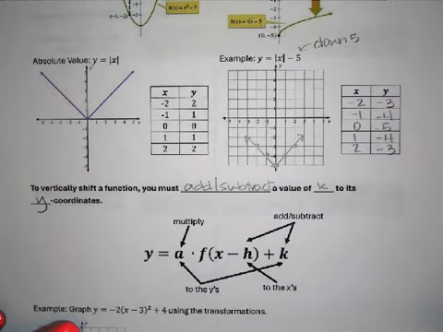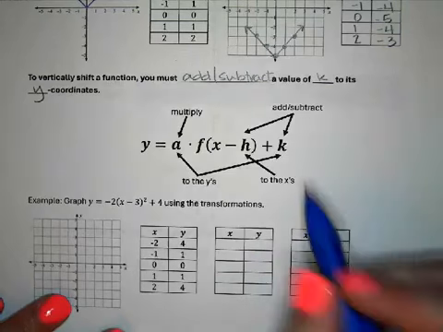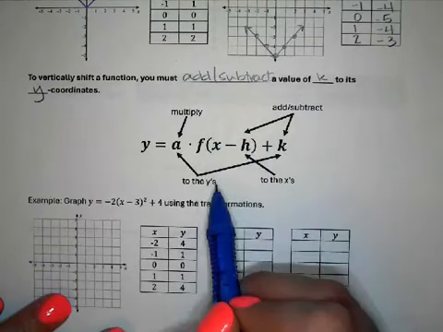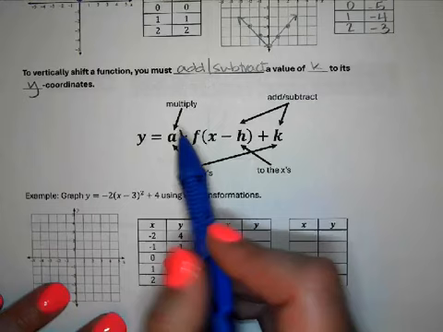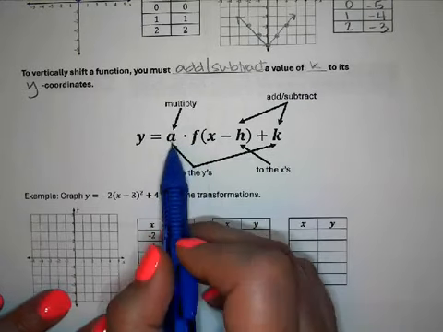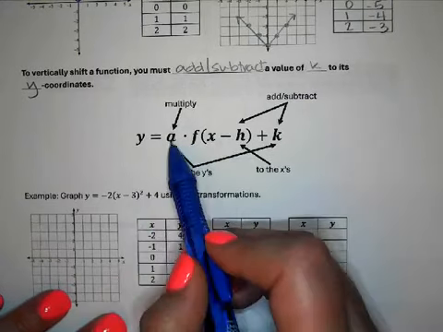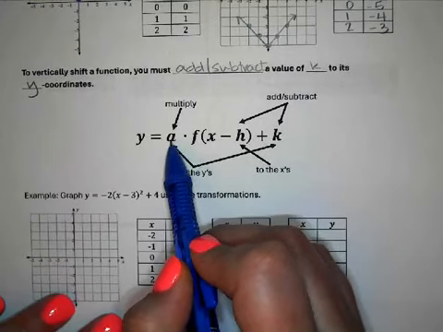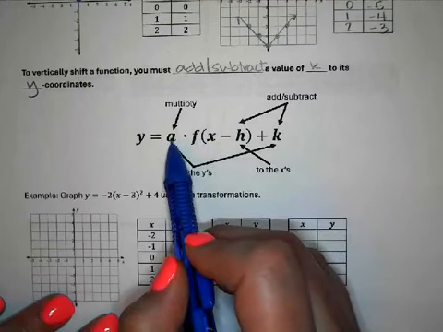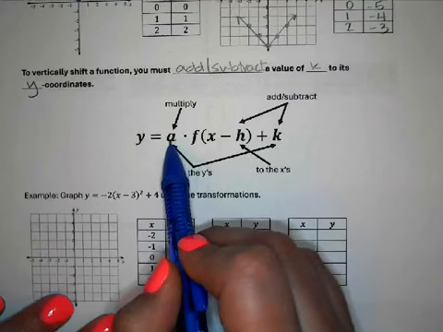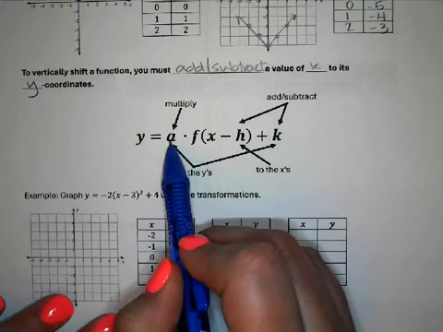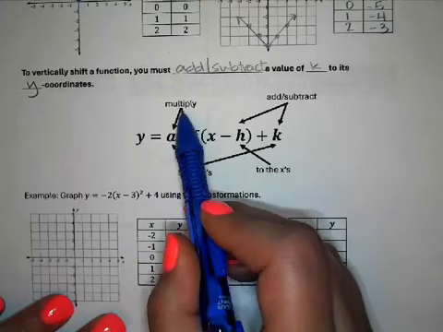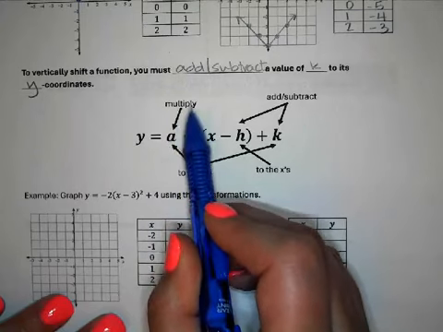Okay, so this is kind of a summary of what we just learned. In the front, if you have something here, this is a reflection over the x-axis, if it's negative. And then if this number is greater than 1, it's a vertical stretch. If this number is between 0 and 1, it's a vertical shrink or a vertical compression. And you multiply the number to make that transformation happen.